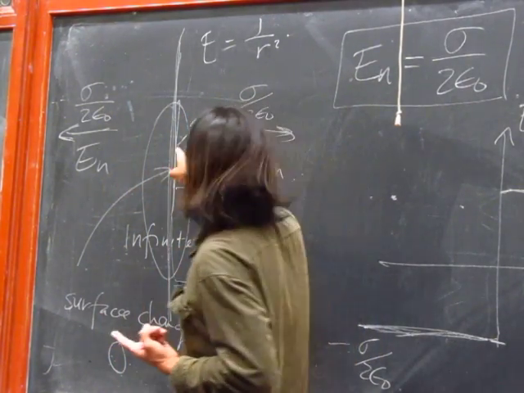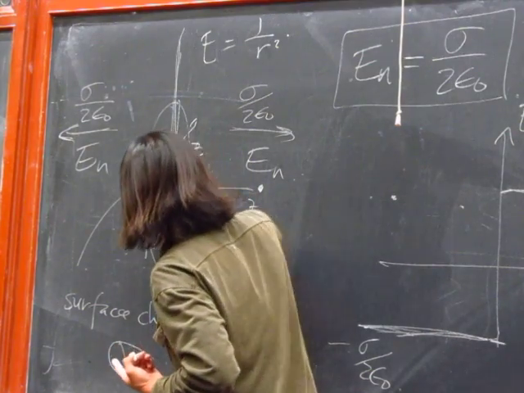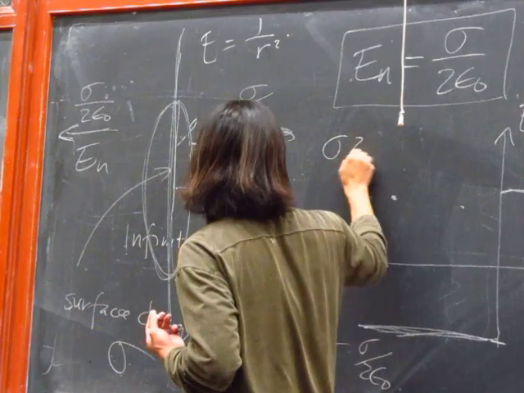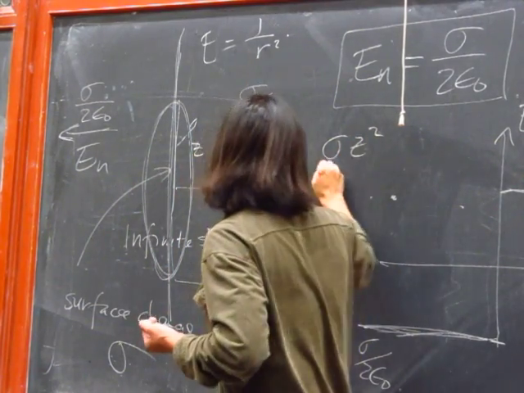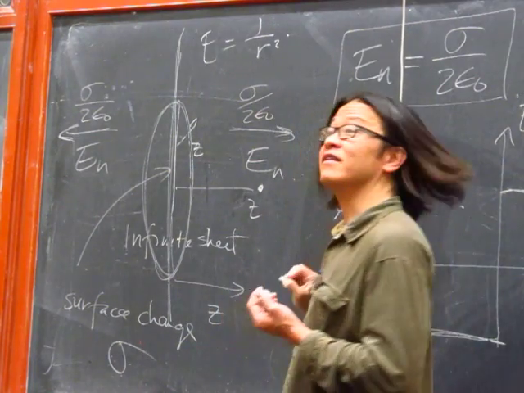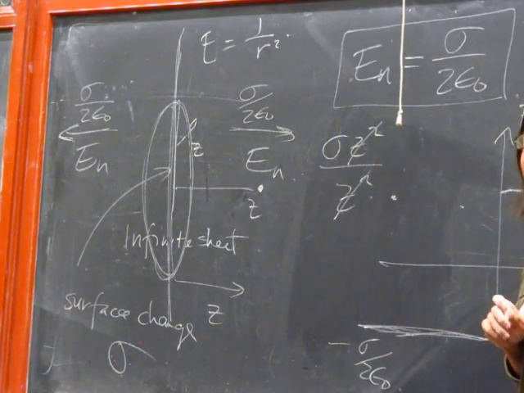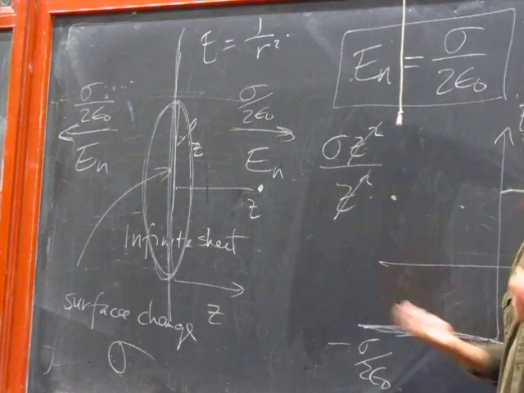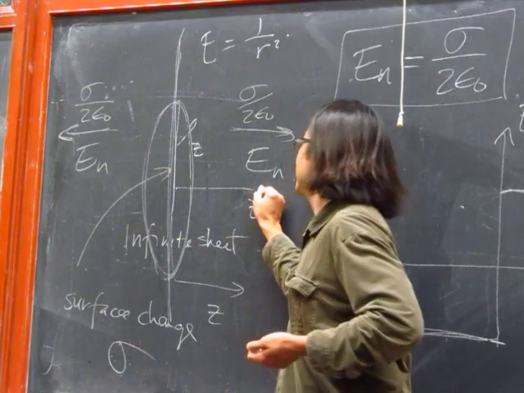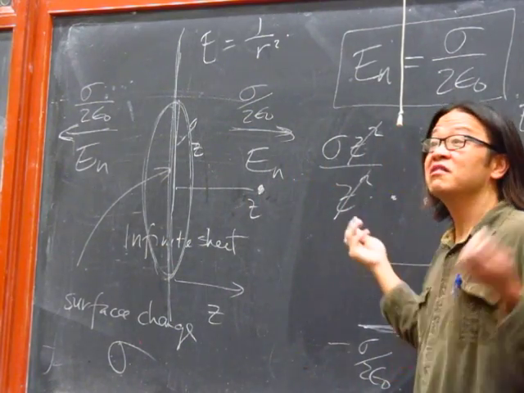So the charge inside this circle is sigma c squared. But the field goes down as 1 over c squared also, and the c squared cancel. So there are two ways to look at this. One is just by symmetry: if this goes to infinity, it doesn't matter whether you're here or over there. Things look the same.